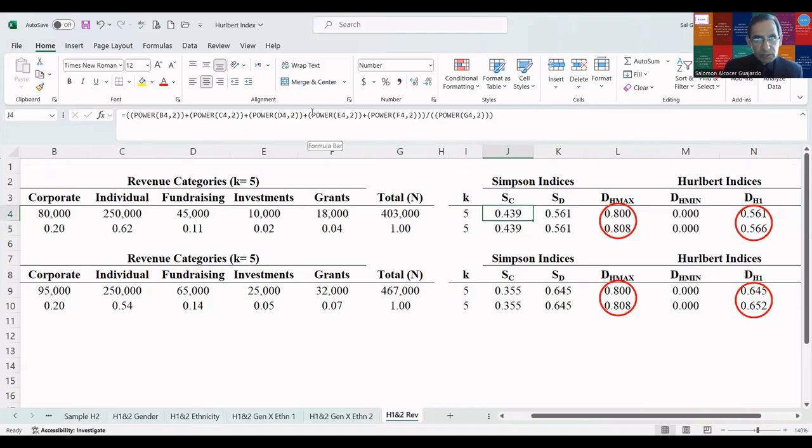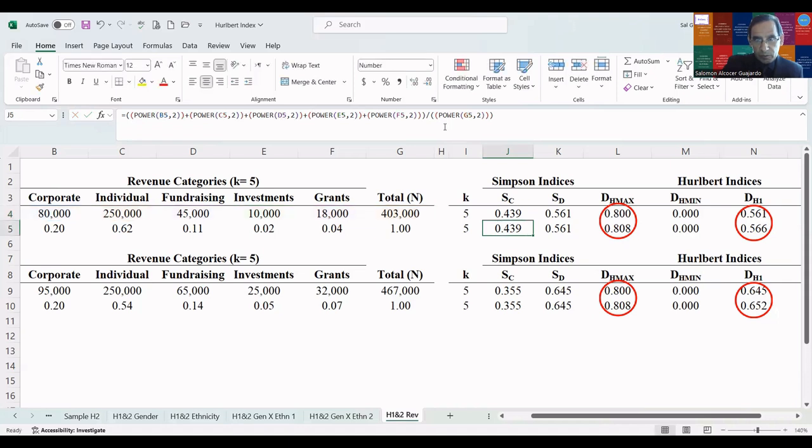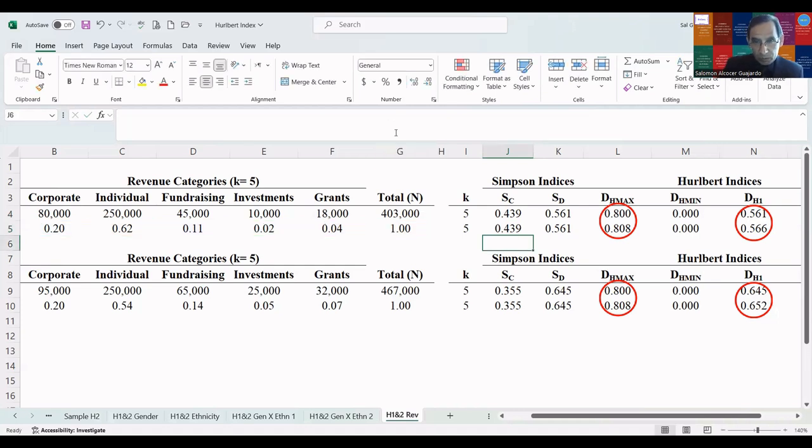In the case of the frequencies, I have to square each frequency for each revenue category, sum each of those products, and then divide by the total revenue, which is 403,000 times 403,000. For the percentages, all I have to do is square them and then sum them. So that gives me a concentration score of 0.439.